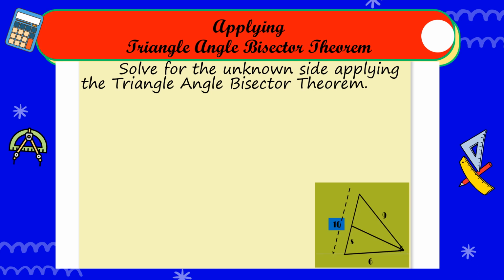Another example in this figure. We need to find the scale factor, but first, what is the measurement of this? If all of this side is 10, we just need to subtract s from 10, so this will be 10 minus s.